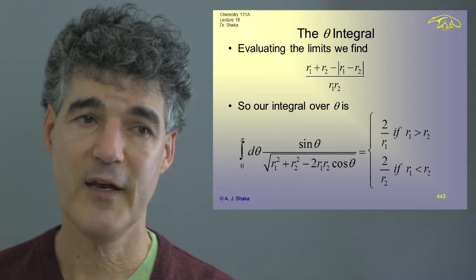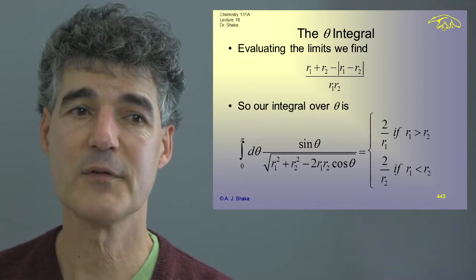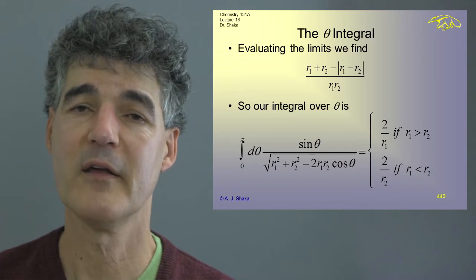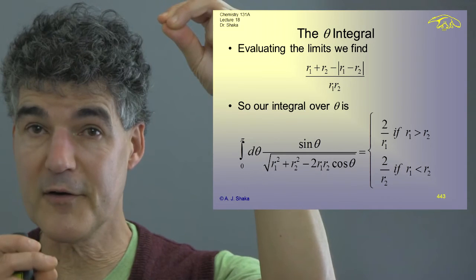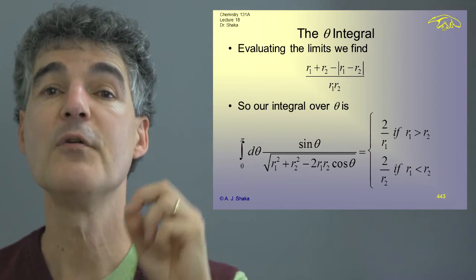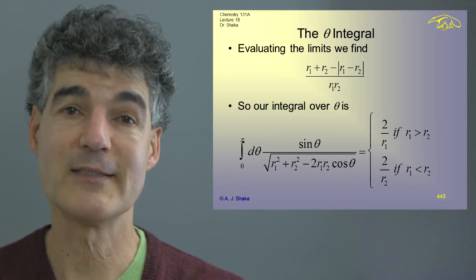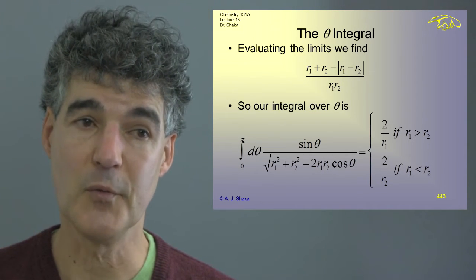The integral over theta of that sine theta over the square root is equal to 2 over r1 if r1 is bigger than r2. But it's equal to 2 over r2 if r1 is less than r2. So it's equal to 2 over the bigger of the two.